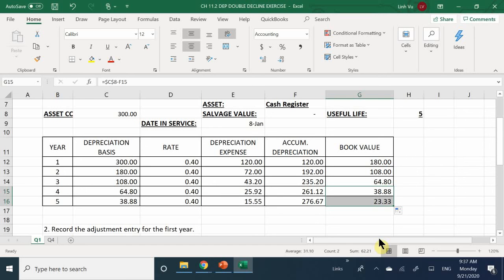But with this example, you can always do fixtures to it. Once you've reached that 5th year and it's already $23.33, you can upgrade your computer, or in this case, the cash register. Maybe get it fixed, tweak it here, clean it up, get all the ink spills out of there, maybe replace some of the buttons that you've smashed in.